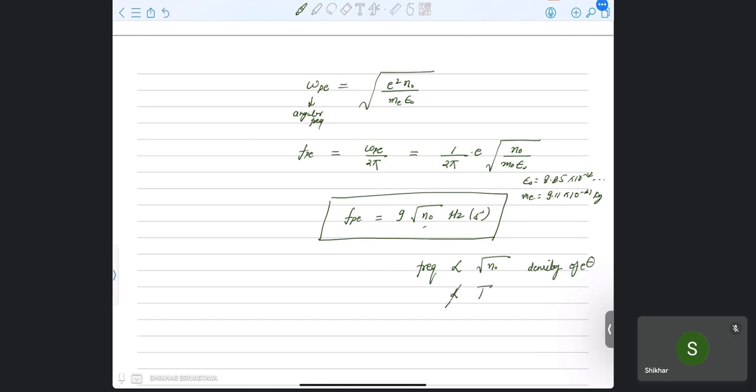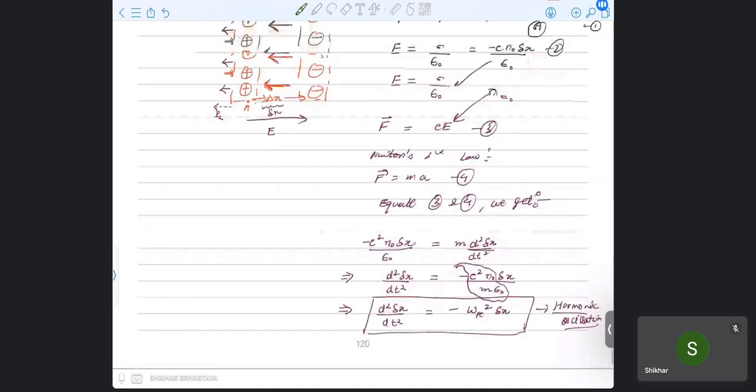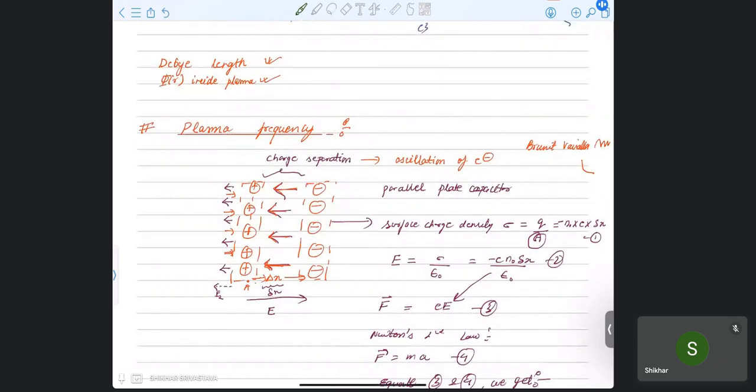So that's the frequency of plasma, the electron plasma frequency. This is the frequency with which your electron will oscillate. This oscillation will be with this frequency.